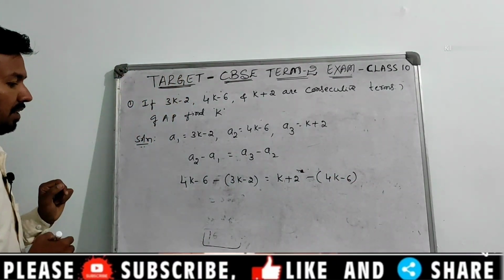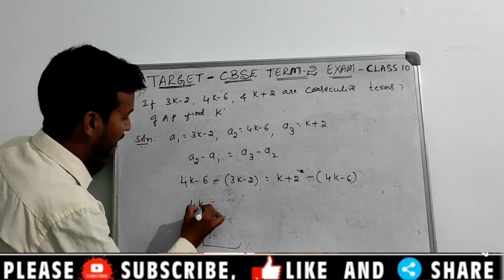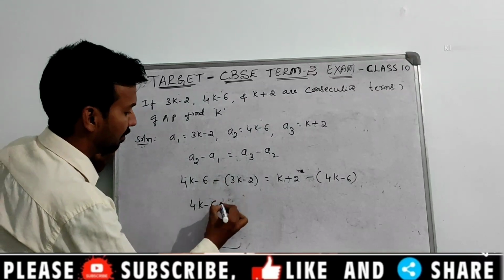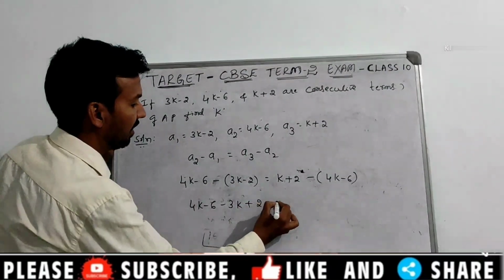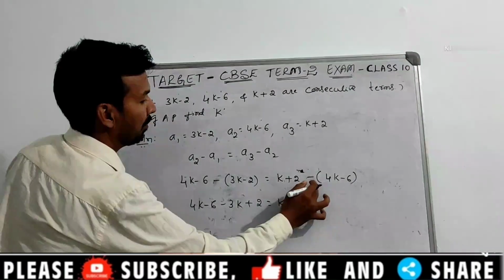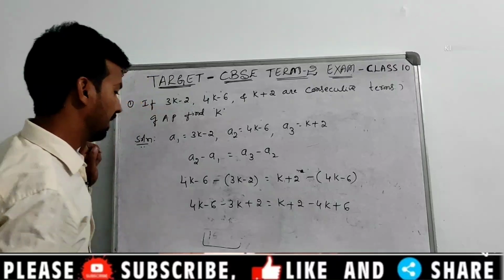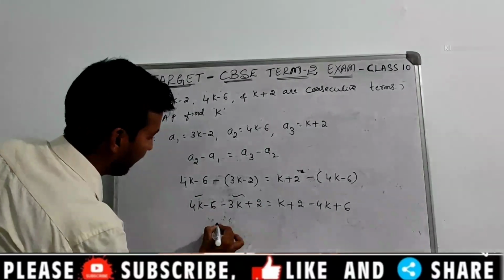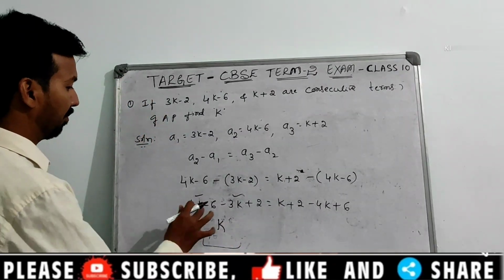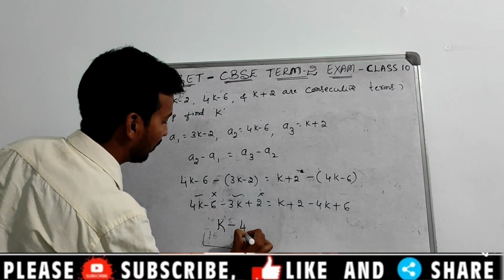Here, children, 4k minus 6 minus 3k plus 2. Here k plus 2 minus 4k plus 6, children. Here 4k minus 3k is how much? Here we get k. Here minus 6 plus 2, we get minus 4, children.